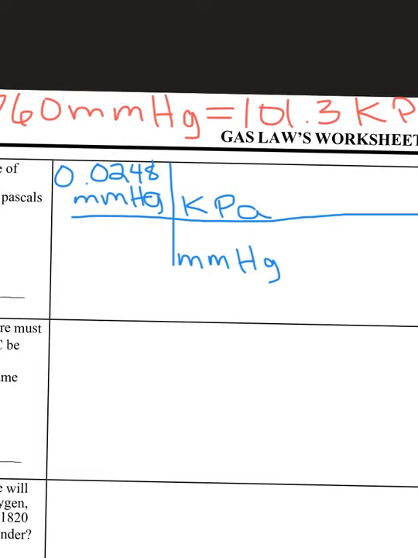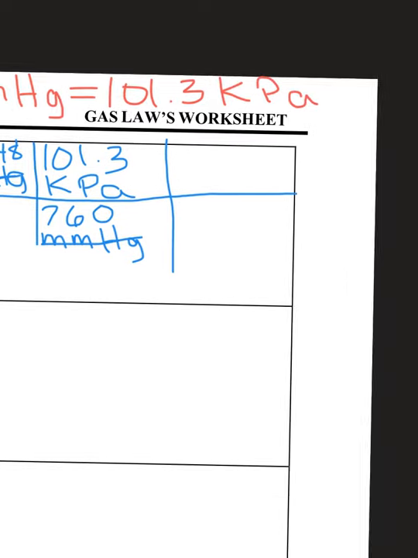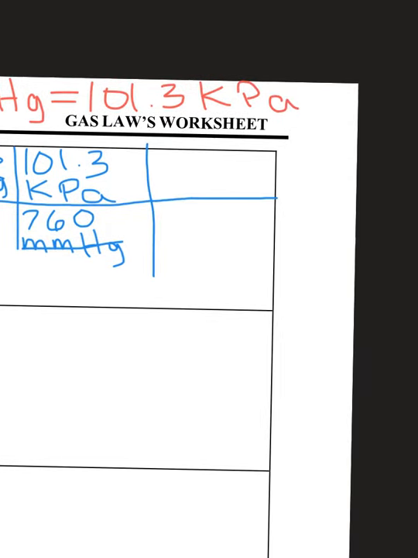So that's exactly what we write down, and the millimeters mercury cancels. Now the question isn't asking for kilopascals, it's asking for pascals. Simple, easy. What does kilo mean? Kilo means 1,000.